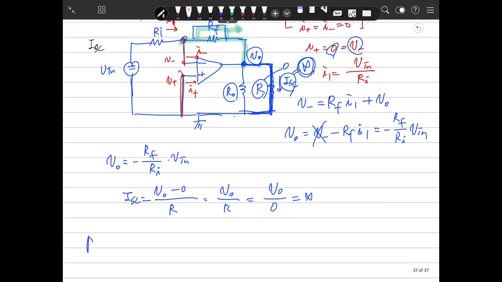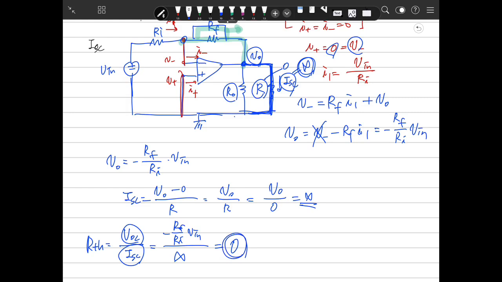So what is RTH? RTH is VOC over ISC. VOC is minus RF over R1 times V in, and ISC is infinite. So what is that? That is 0.